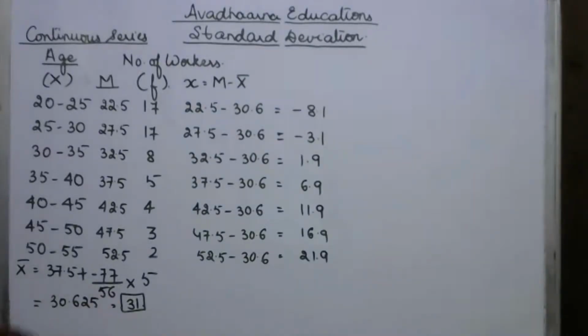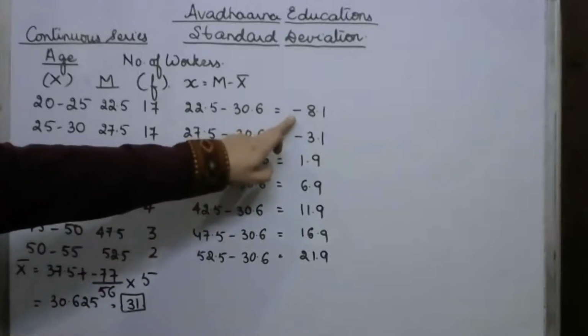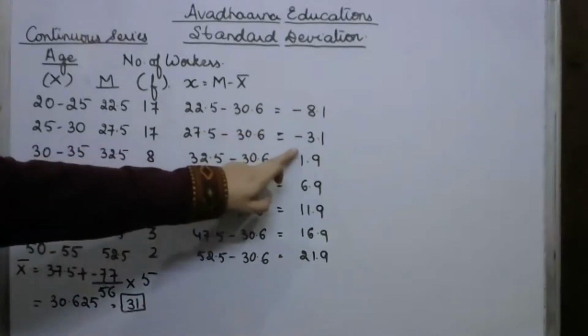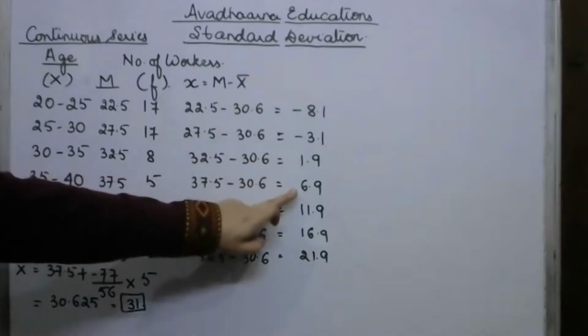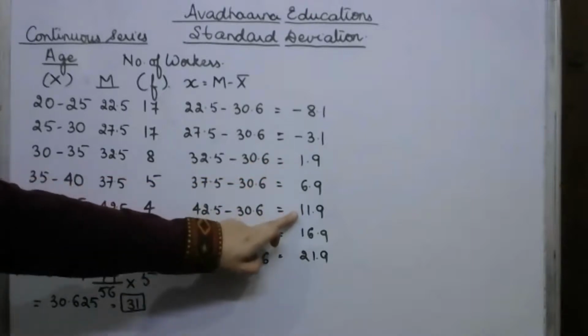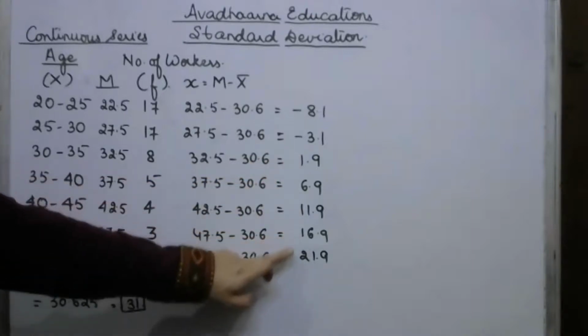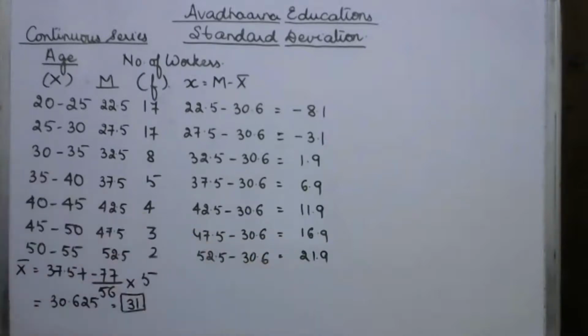So the deviations are minus 8.1, minus 3.1, 1.9, 6.9, 11.9, 16.9, and 21.9.